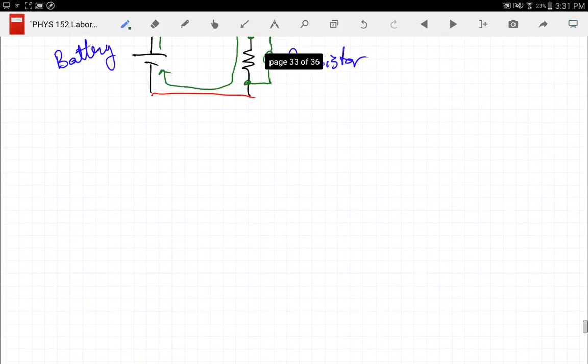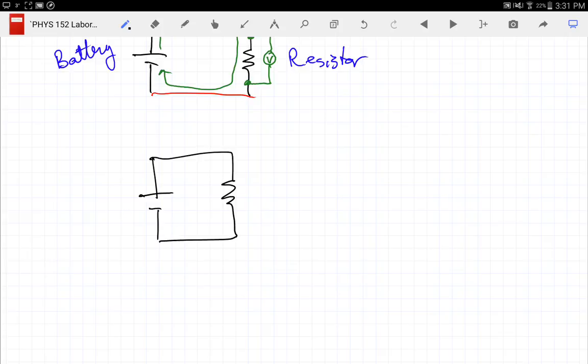Now, redrawing my circuit won't take but a moment. We also need to measure the current. How did we measure the current? That's right. In series.